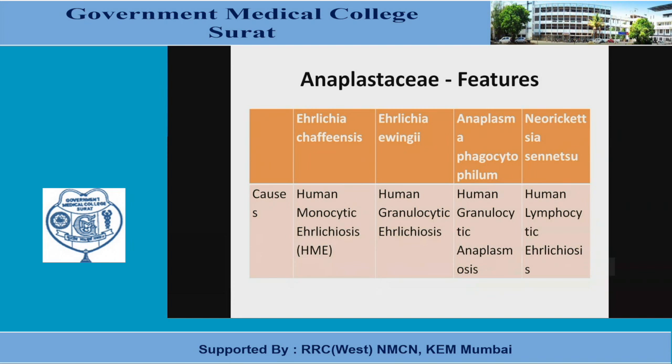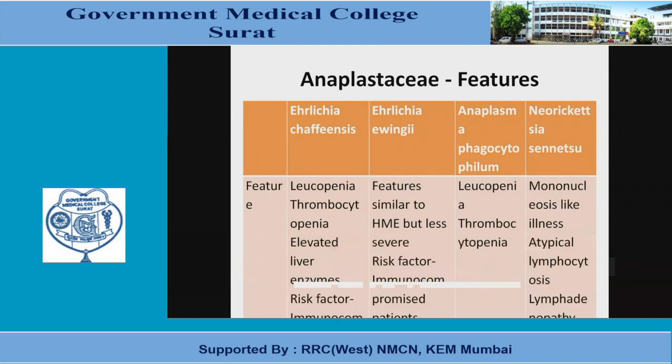Ehrlichia ewingii is responsible for human granulocytic ehrlichiosis. Anaplasma phagocytophilum causes human granulocytic anaplasmosis. Neorickettsia causes human lymphocytic ehrlichiosis. What happens here, as the names suggest, is leukopenia, thrombocytopenia, elevated liver enzymes. These are the main features of this disease.